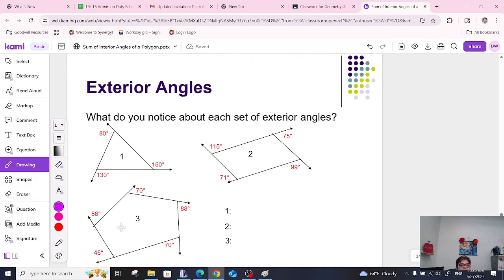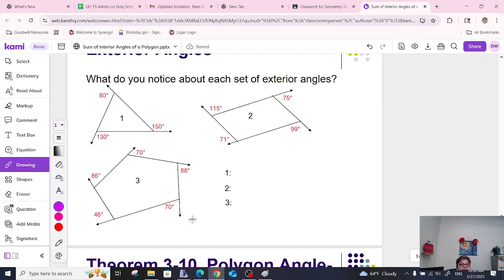Exterior angles. Take a minute right here and add each of these angles together and tell me what the sum is for figure 1, 2, and 3.